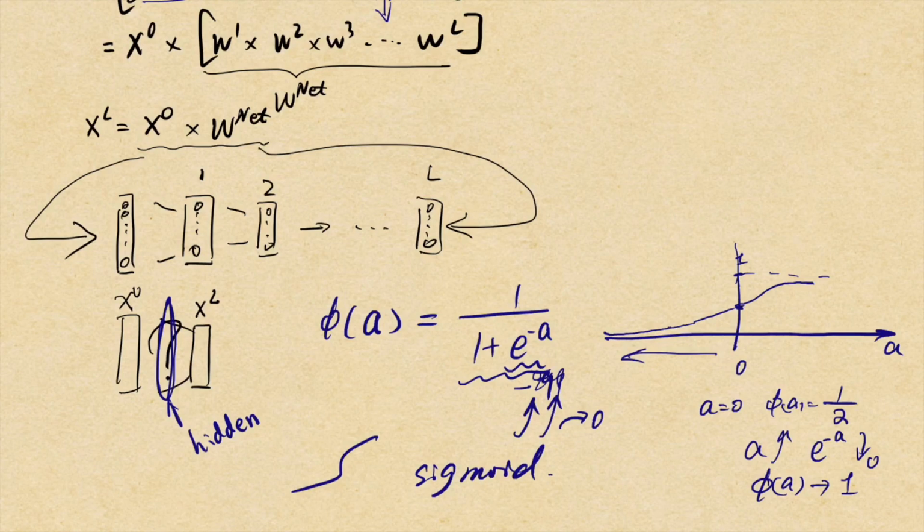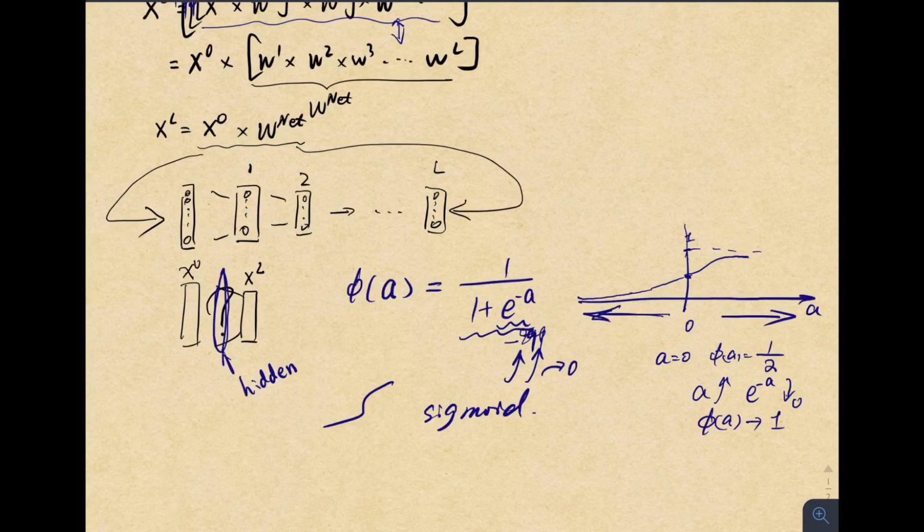It has a nice property that when the input goes to extreme big or extreme small, the value of the output is constrained between 0 and 1 nicely. Also, this function is smooth, which is very useful when you try to figure out the rules to change the network parameters.